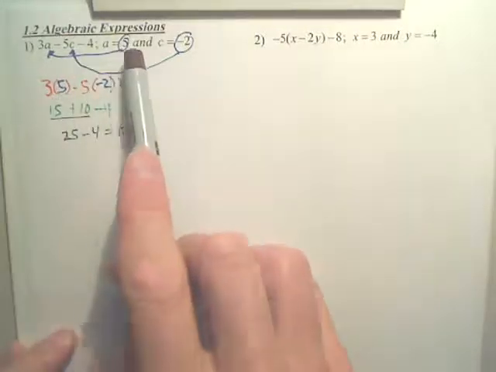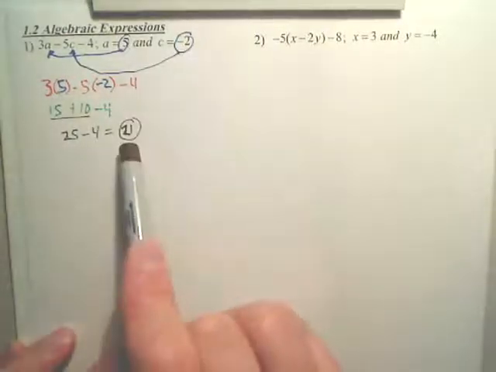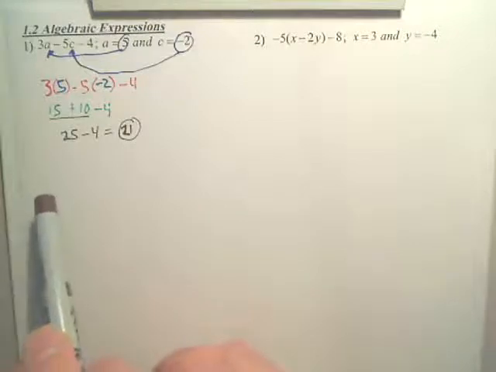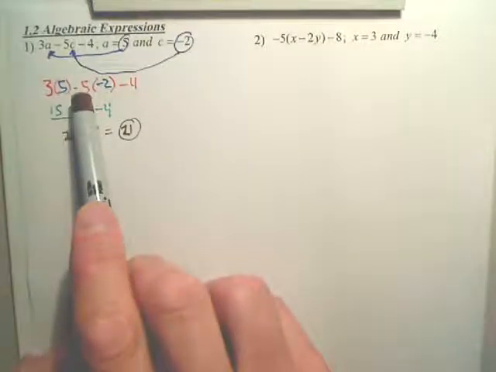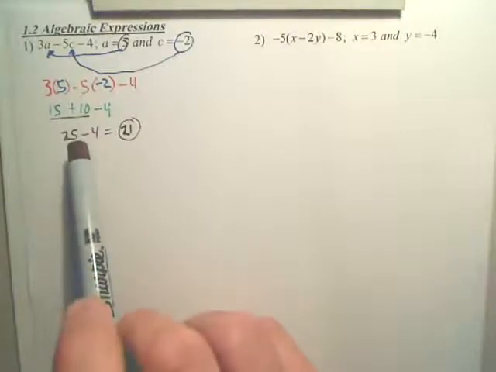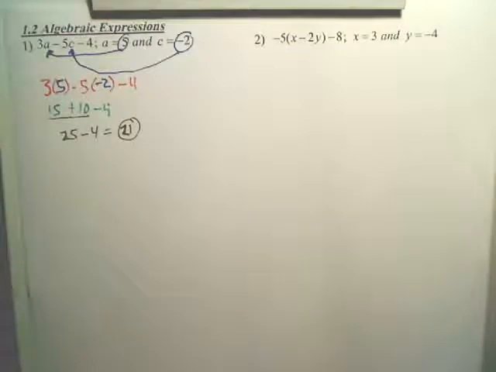If I change my A and C value, would my answer here change? Yes. Not always. Now, how do you change the negative to a minus? That's a negative 5 times a negative 2 would be a positive 10. And negative times a negative is a positive.